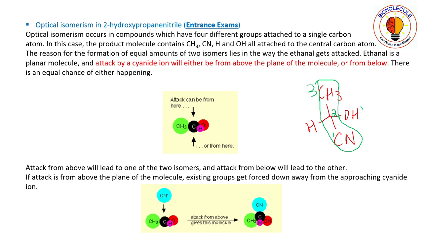In carbon number 2 we are getting 1 hydroxy substituent. So 2-hydroxy, since 3 carbons are there, propane, and 1 nitrile group in first position, so nitrile. That CN group is the nitrile group.